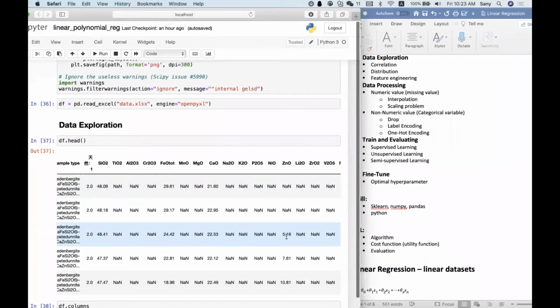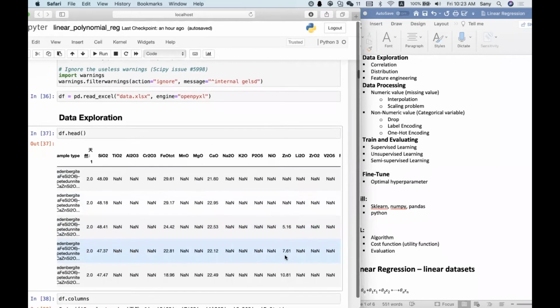So they are totally different, and it's quite sensitive for the machine learning algorithm when dealing with these features, because they have various magnitudes, and so it will affect the performance of it.